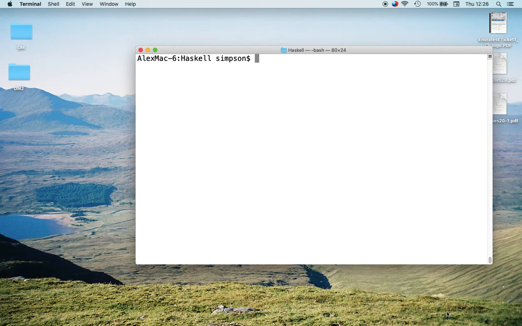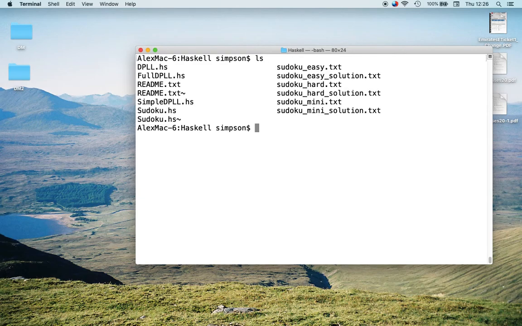Right, so here we're in my Haskell implementation folder. What I want to do is load up what I implemented. If we look inside the folder, there are various DPLL files, but the one of particular interest is full DPLL, because this implements the full DPLL algorithm.